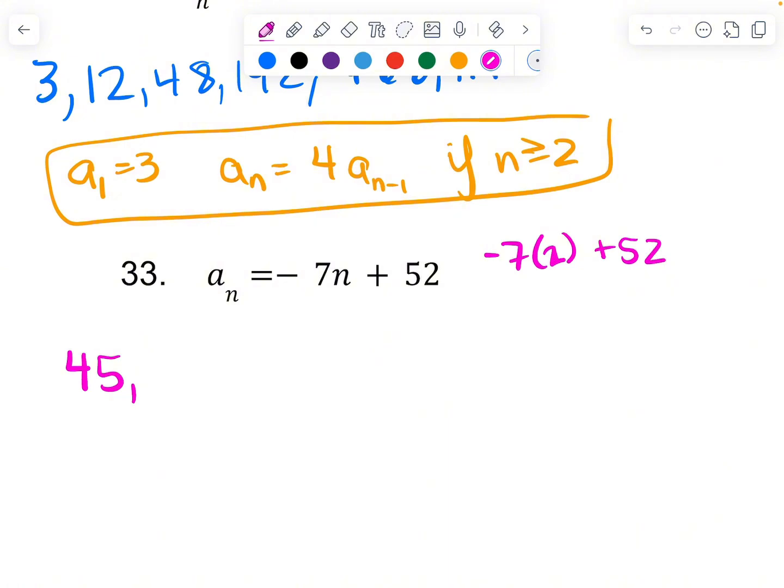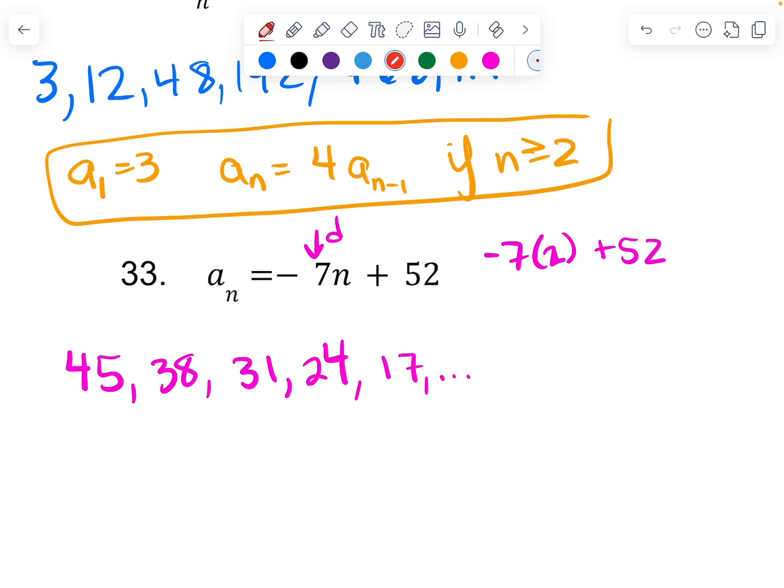Negative 14 plus 52, and get 38. Do you notice how it's just going down by 7 each time? That's what this means. This is my d value. It's your slope. So you're subtracting 7 each time. So we would get 31. Subtract 7 to get 24. Oops, I did it again. 24, subtract 7 again, and get 17.